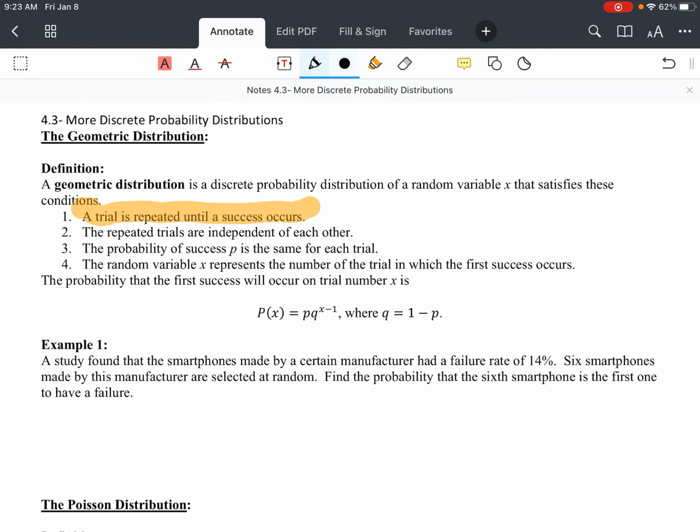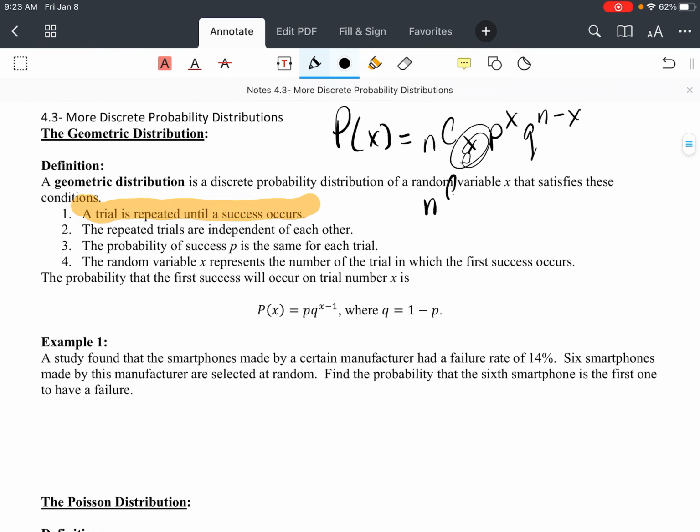And we can actually simplify the binomial distribution. Remember, the binomial distribution is P of x equals nCx times p raised to the x power times q raised to the n minus x power. If we're looking at exactly one success, we can simplify this.